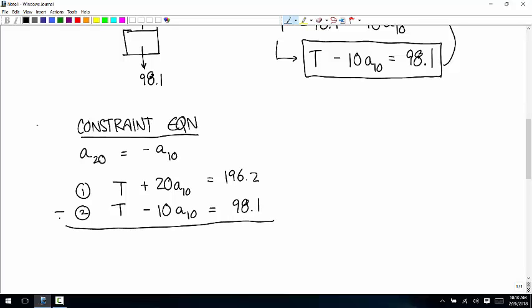And I'll subtract equation 2. And so you get 0 plus 30A10 is equal to 98.1.